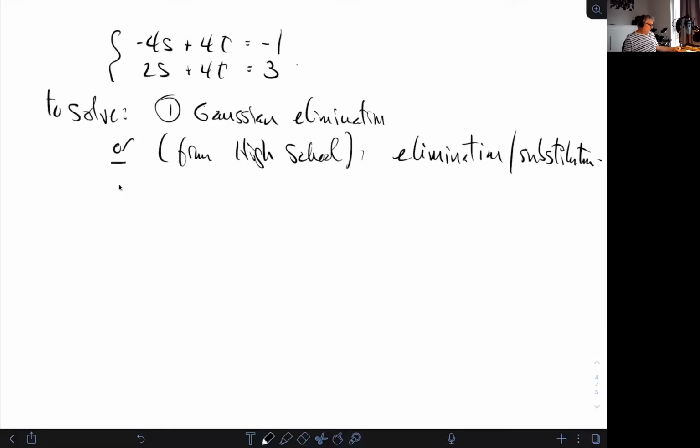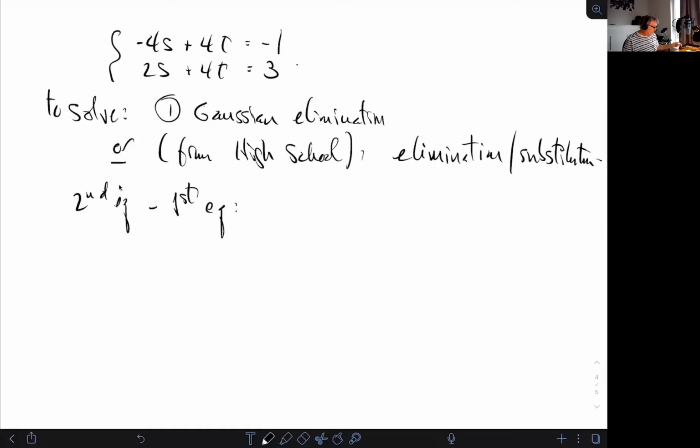So for example, here what I could do is second equation minus the first equation. Why am I doing that? Because I see that I have 4t in both, so I'll get rid of the t.